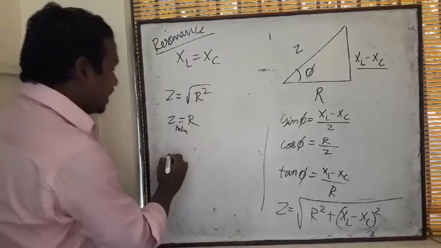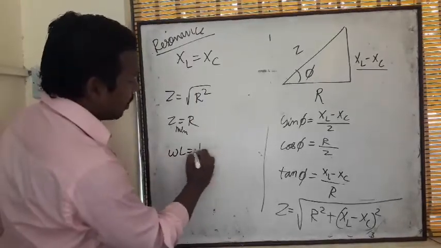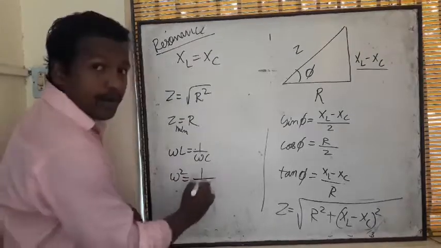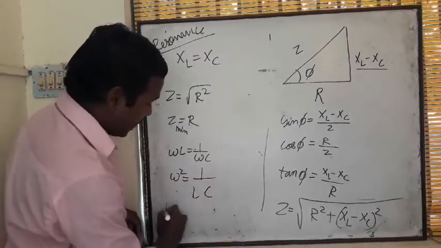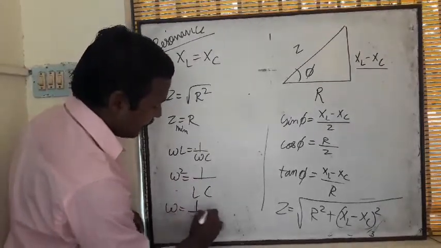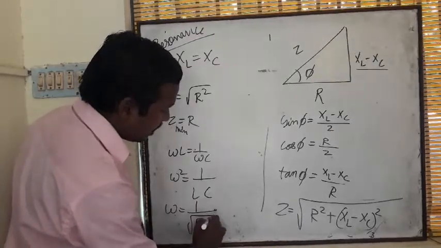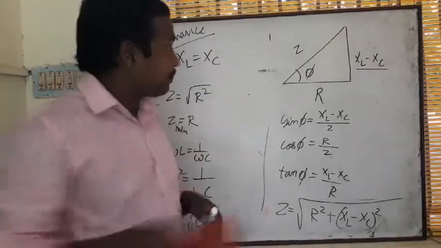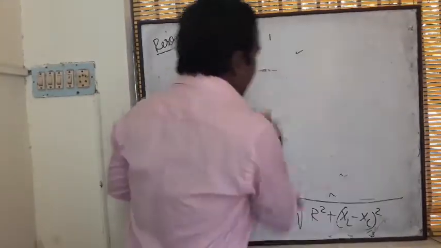So XL is equal to XC. Omega L is equal to 1 by omega C. That means omega square is equal to 1 by LC, so omega is equal to 1 divided by root of LC. What is omega? We know omega is the angular velocity.